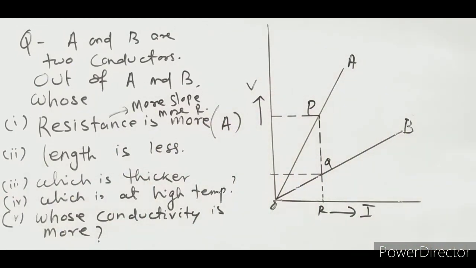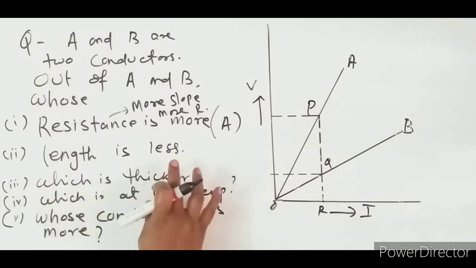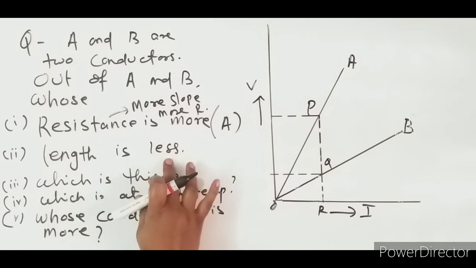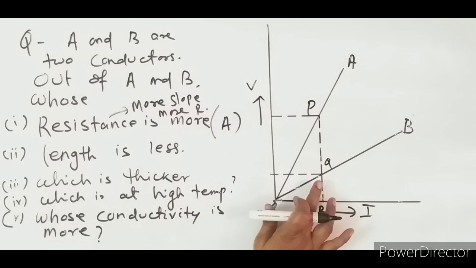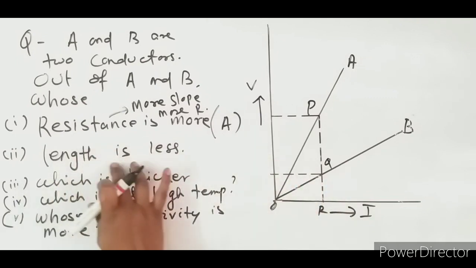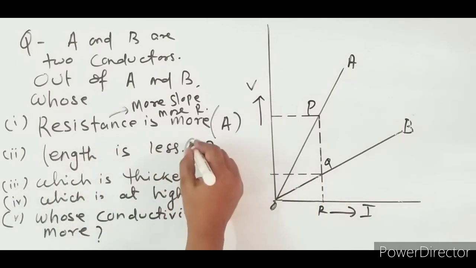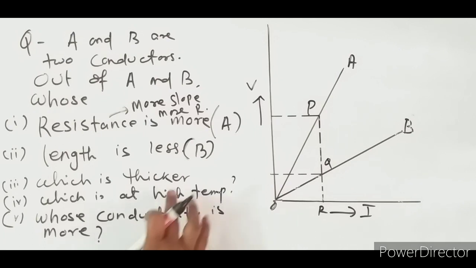Then whose length is less? Resistance is directly proportional to length. So whose resistance is less, its length will be less. For B the resistance is less, so the length of B will be less. Understood? Which is thicker?